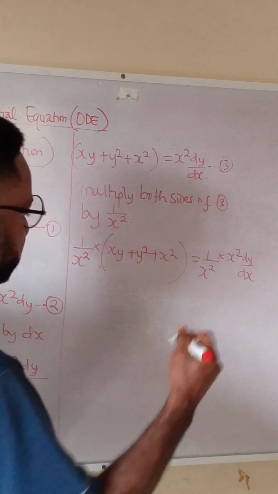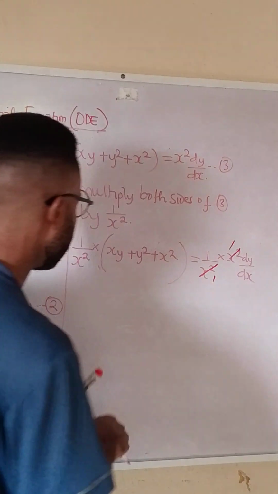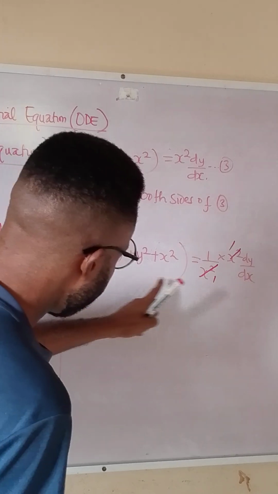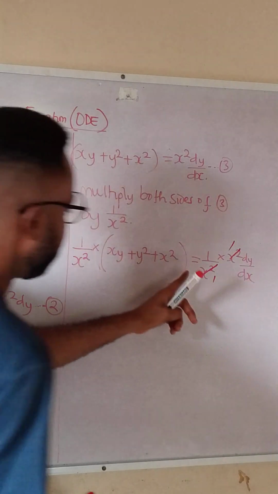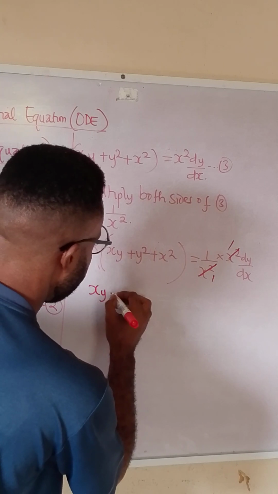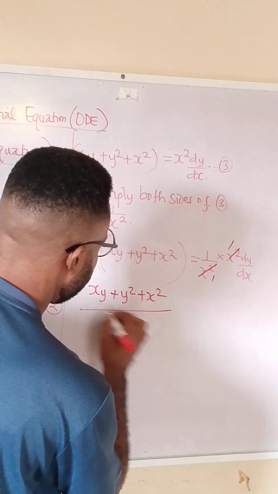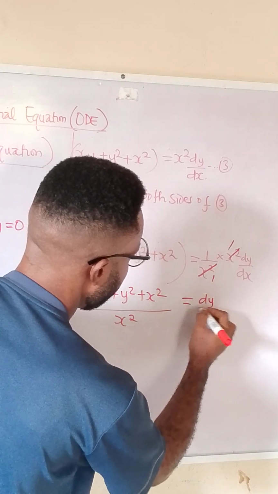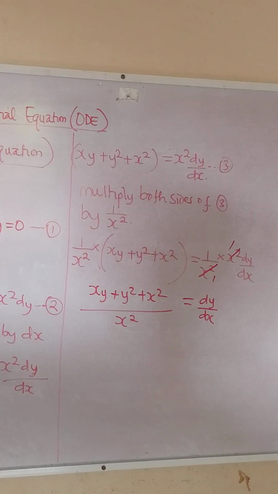We can cancel out the x squared; this is 1, this will be 1. If we multiply through the bracket, it takes the denominator of all of this. So we are going to have (xy + y squared + x squared) divided by x squared equal to dy/dx. That's what we have on the right hand side of the equation.